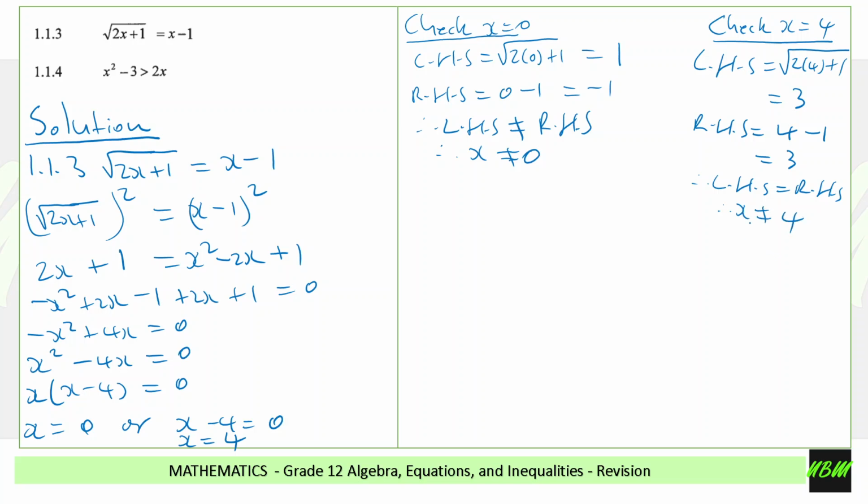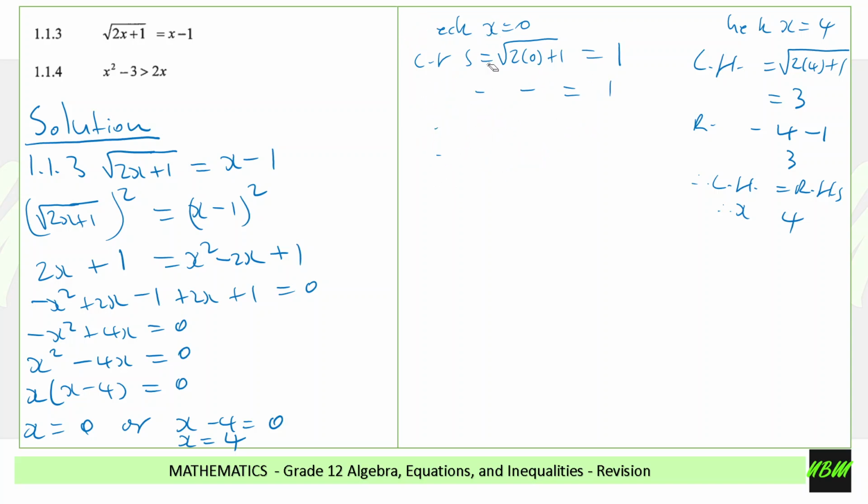So the only solution is x is equals to 4. So that is how you check. So now that we have checked, let's just erase all this.